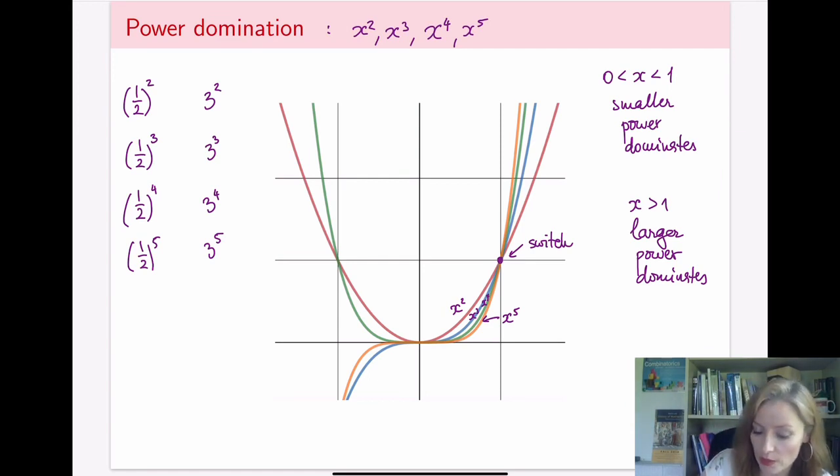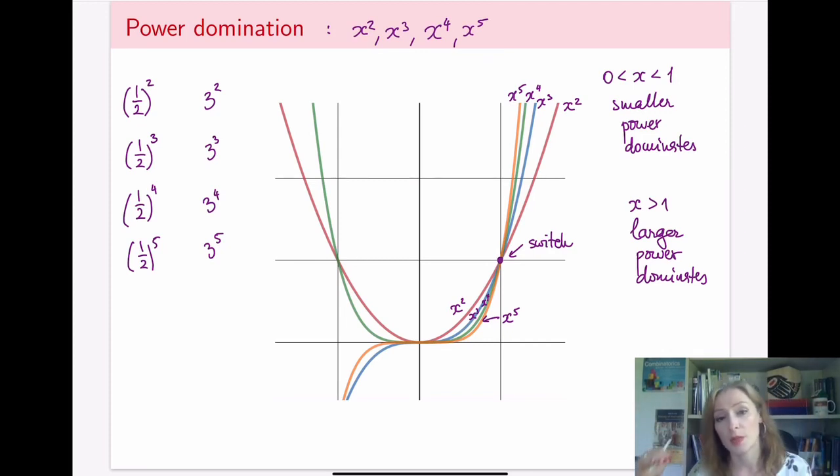So here, the thing that's dominating in terms of the height is going to be the highest power. So it's going to be x to the 5th, x to the 4th, x cubed, and x squared, being the smallest power after 1, becomes the one that actually is below all the other powers.